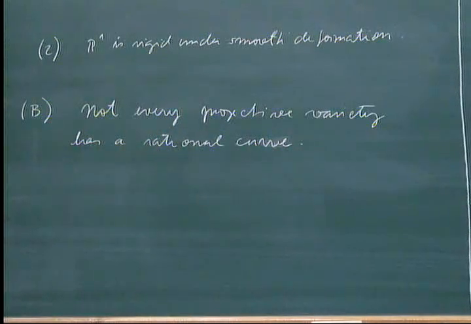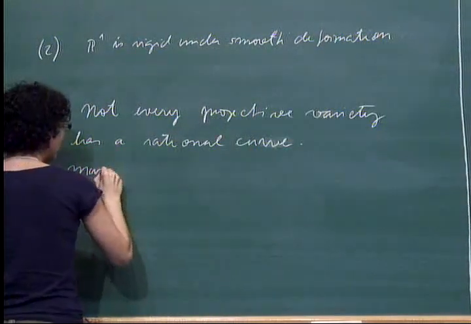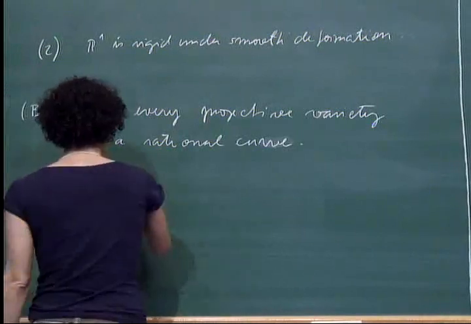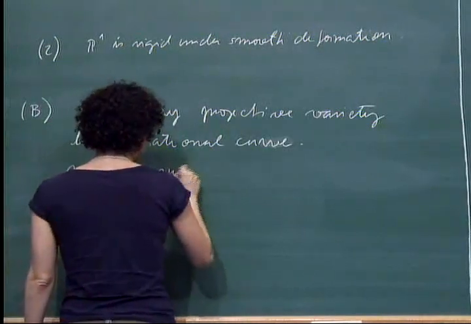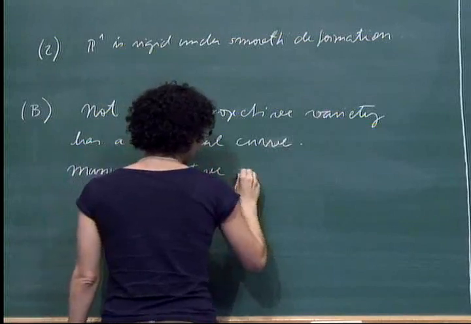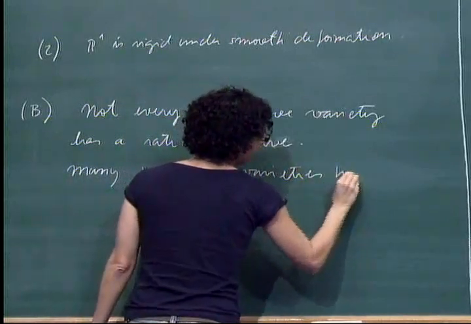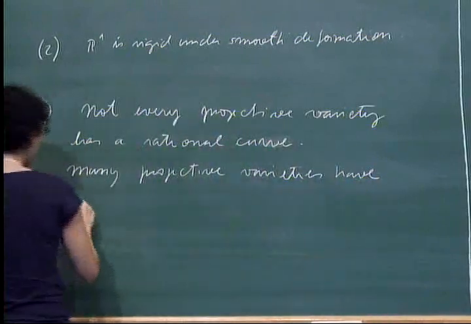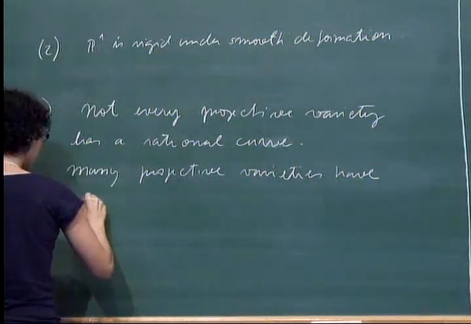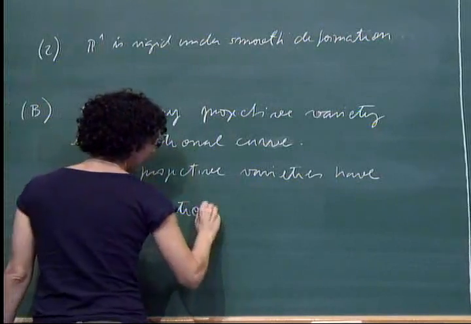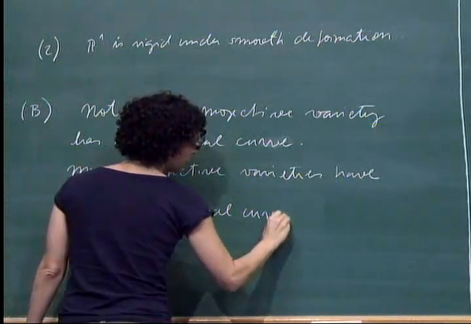And even those that have a rational curve may have very few rational curves.